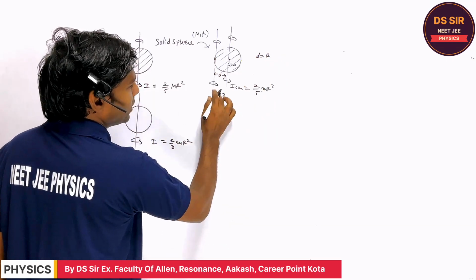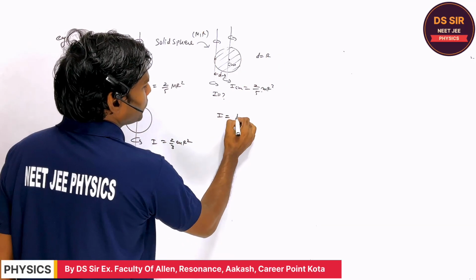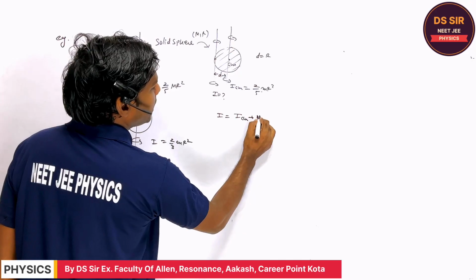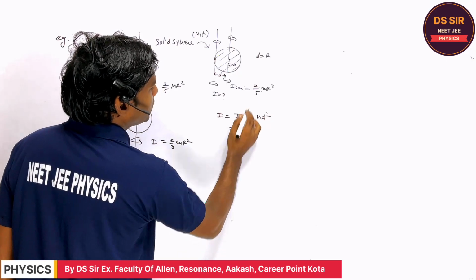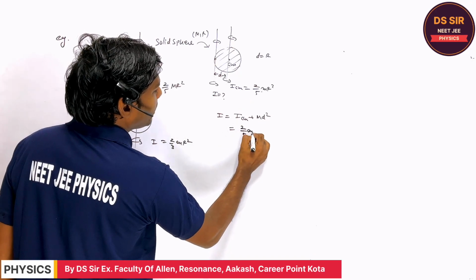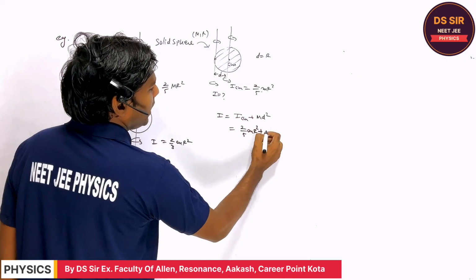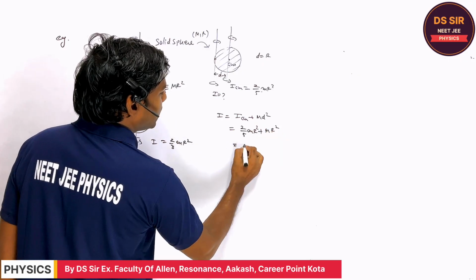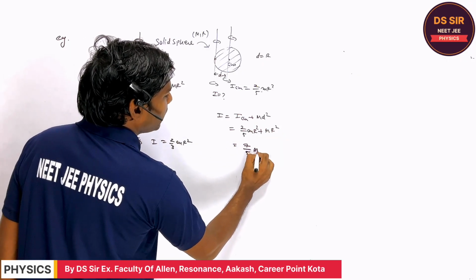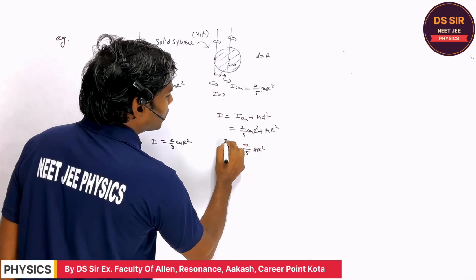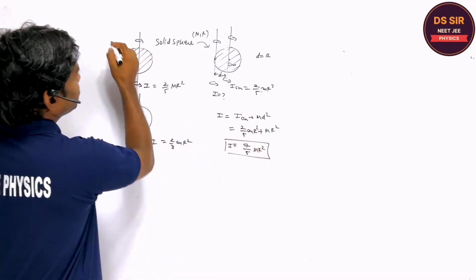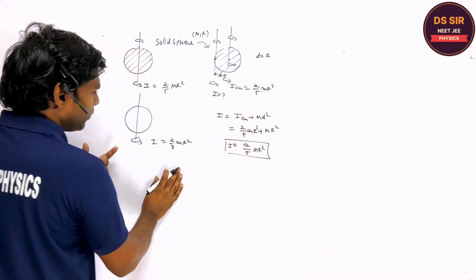According to the parallel axis theorem, I is equal to I_CM plus M into D square, which is 2 by 5 MR square plus M into R square. So the answer is 7 upon 5 MR square. Are you getting it or not? You can copy this for the solid sphere.